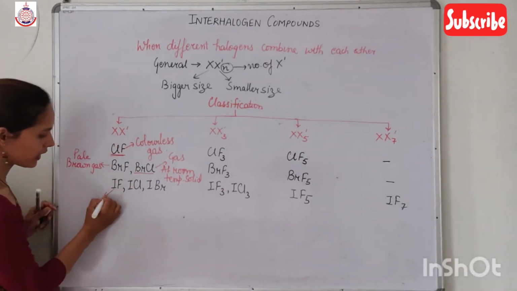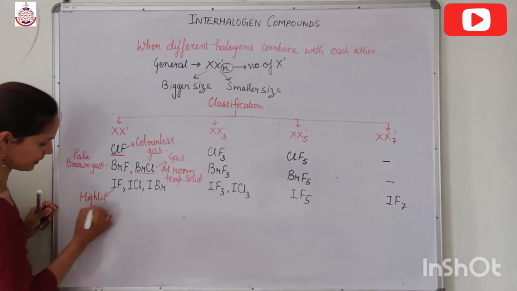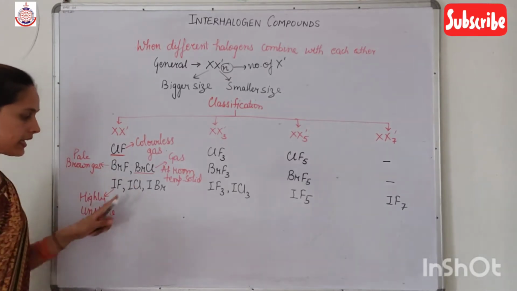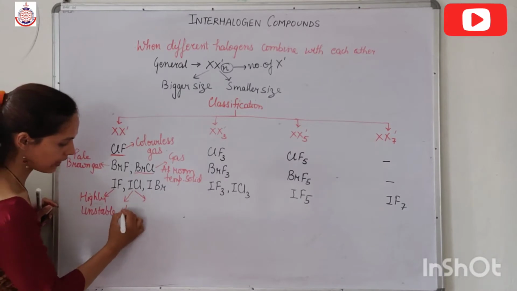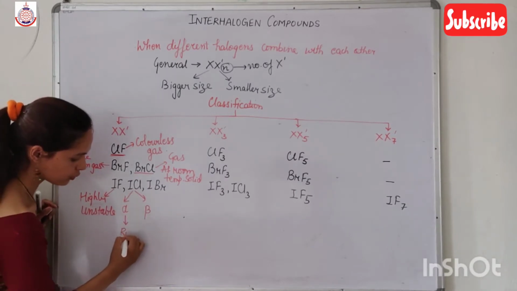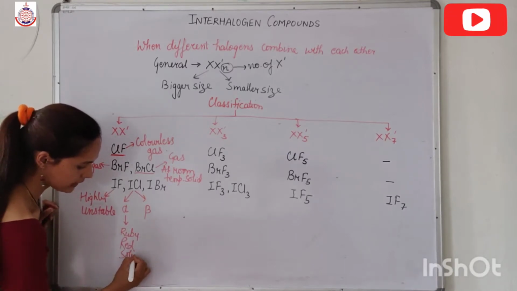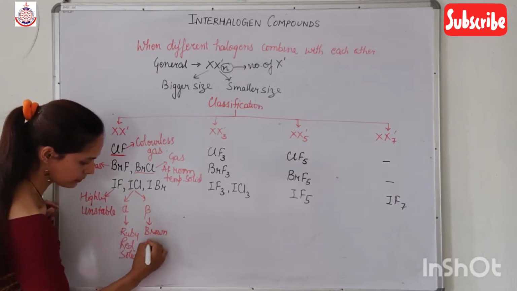Now, IF is highly unstable. ICl exists in 2 forms, alpha form and beta form. Alpha form is a ruby red solid, and the beta form is a brown red solid.